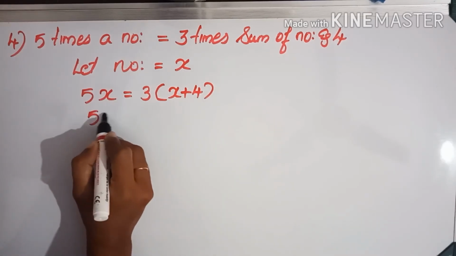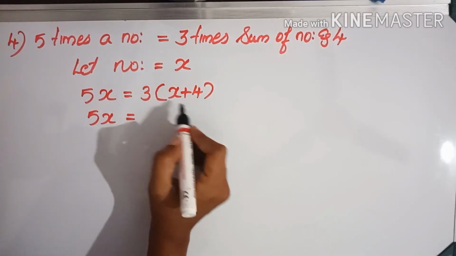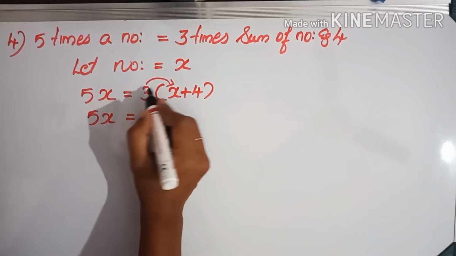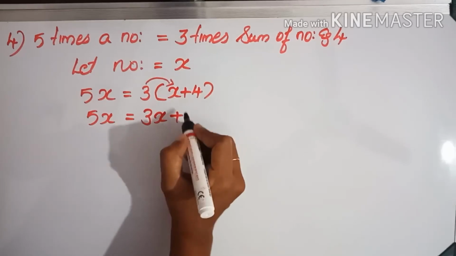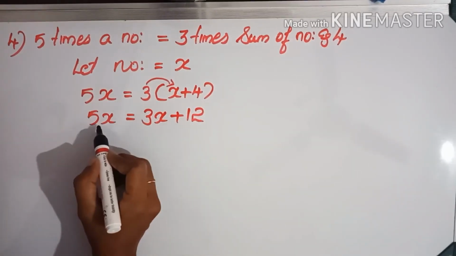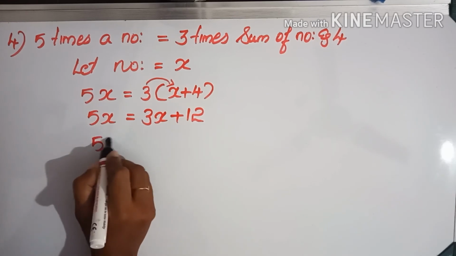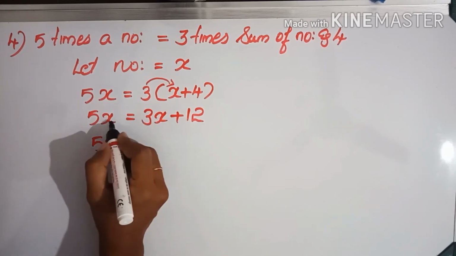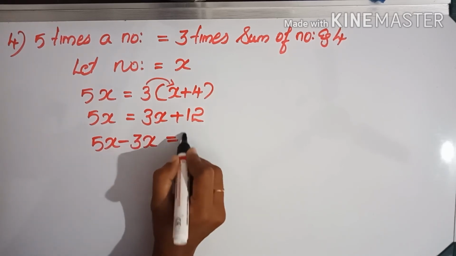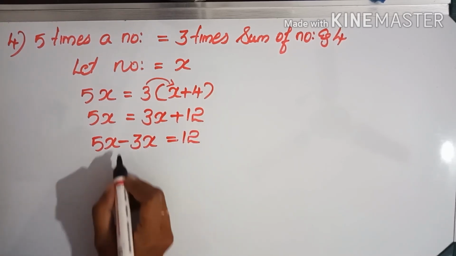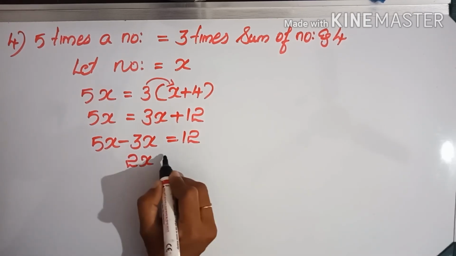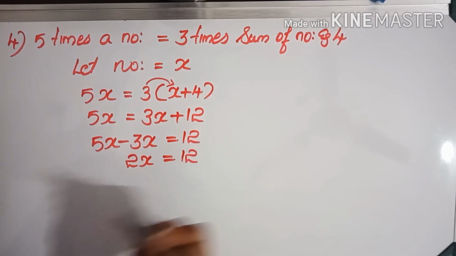First, 5x equals, opening the bracket, 3 into x, that is 3x, plus 3 into 4, which is 12. In the next step, take 3x to the other side: 5x minus 3x equals 12. 5x minus 3x is 2x, so 2x equals 12.